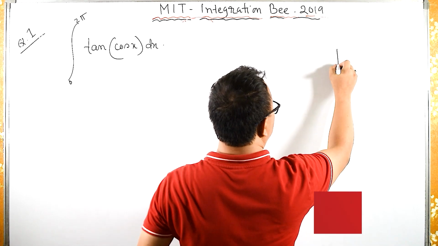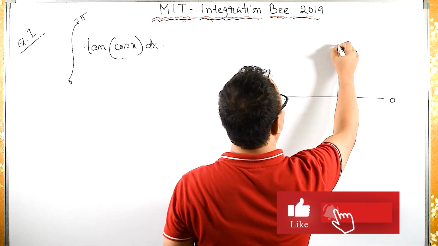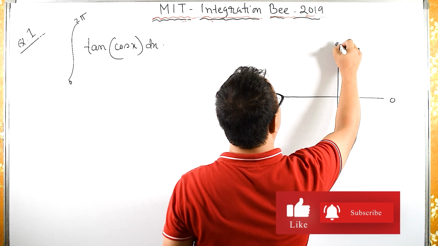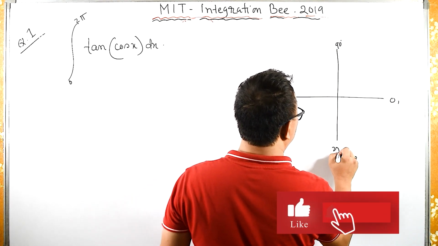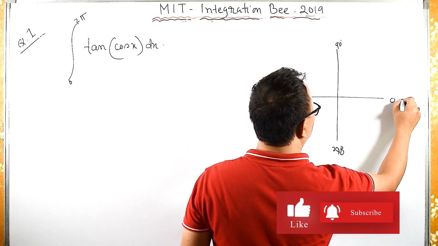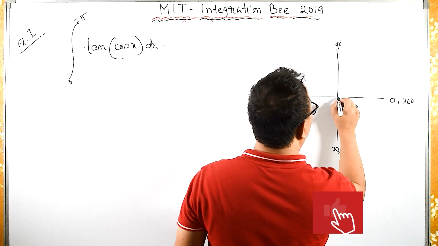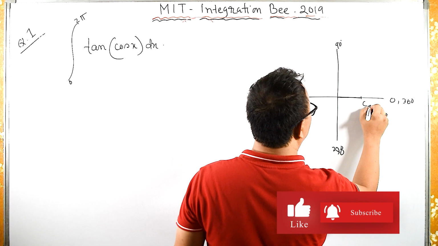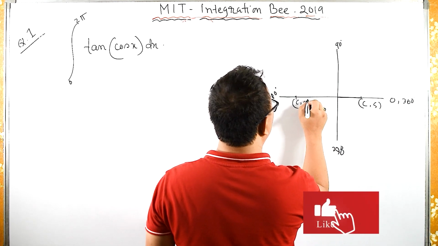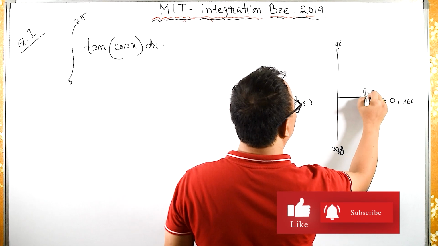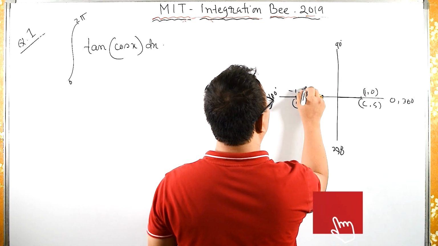If we see over here, 0 degree, here 90 degree, here 180, and here 270 and 360 degree, and here this is cosine, here 1 comma 0, here minus 1 comma 0.